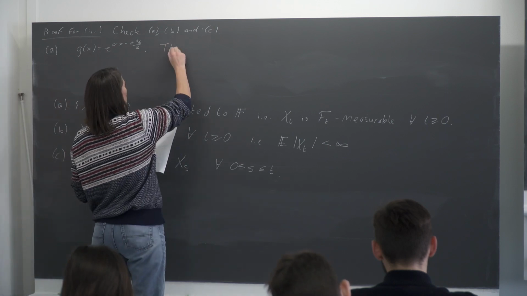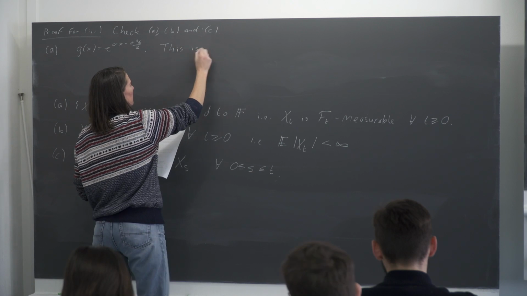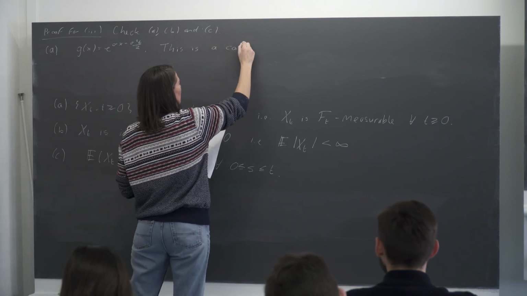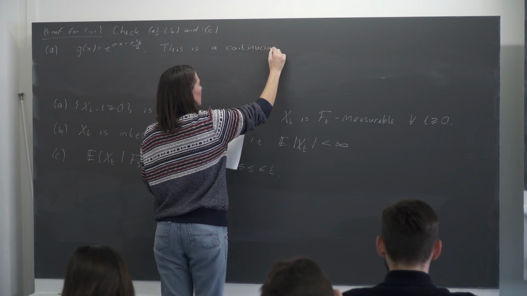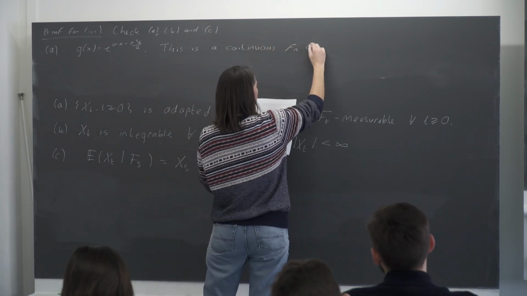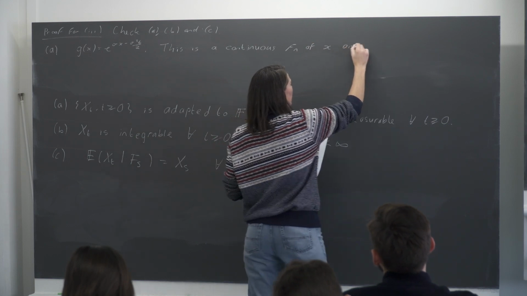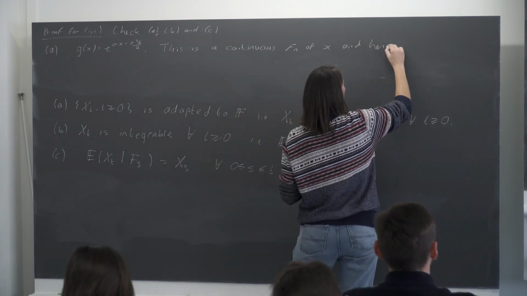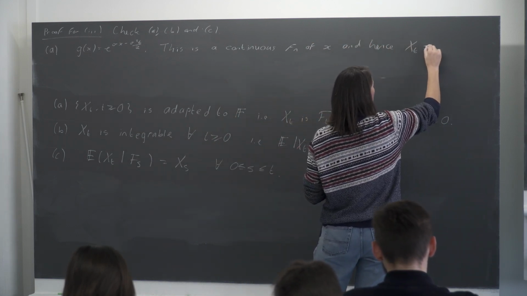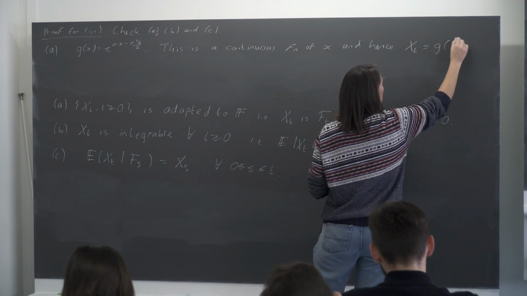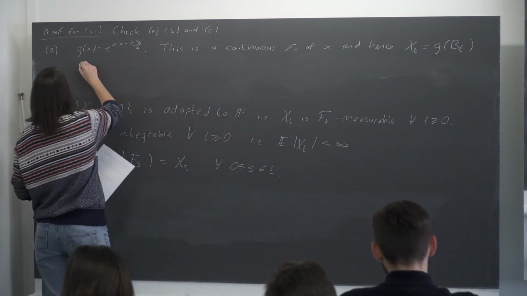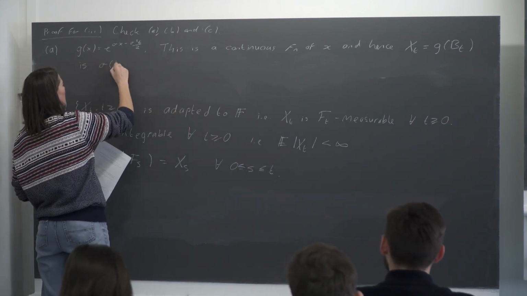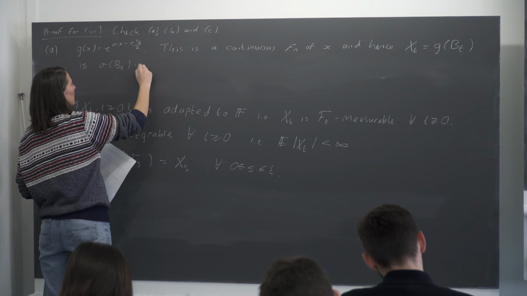So this is a continuous function of x, and hence Xt, which is precisely equal to g of Bt, is sigma(Bt) measurable.